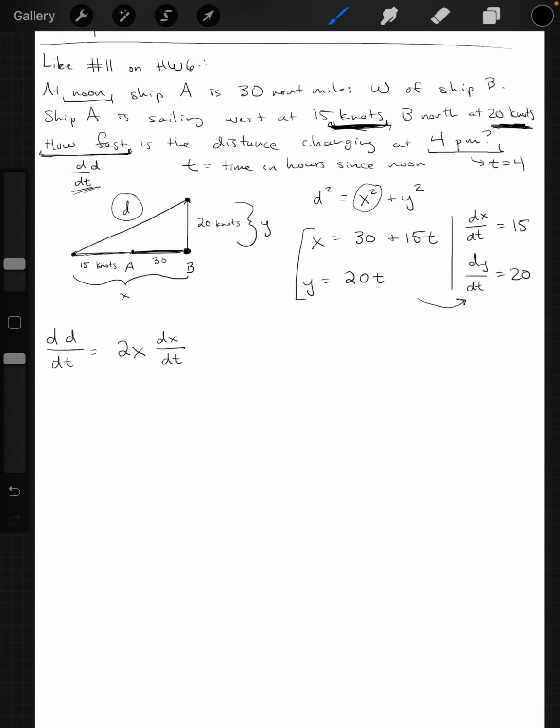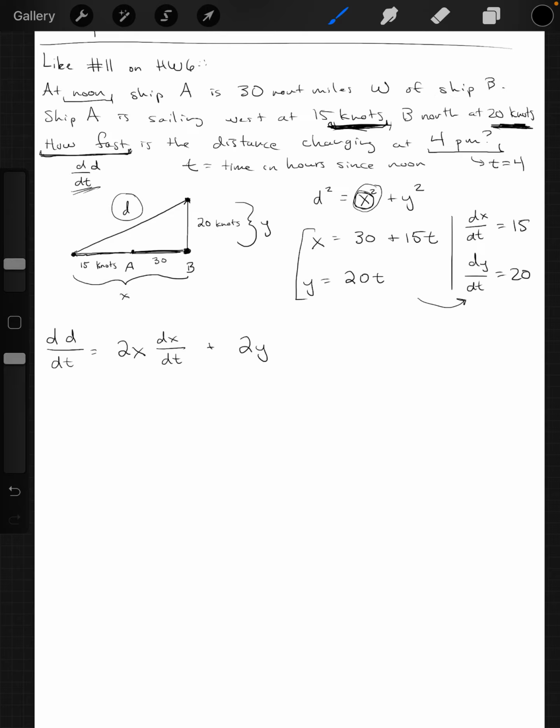Because if we were just taking the derivative with respect to x, that would be 2x, and we'd be done. But since we're taking the derivative with respect to t, we have to use the chain rule because this base is not just t, it's a function of t. Right?